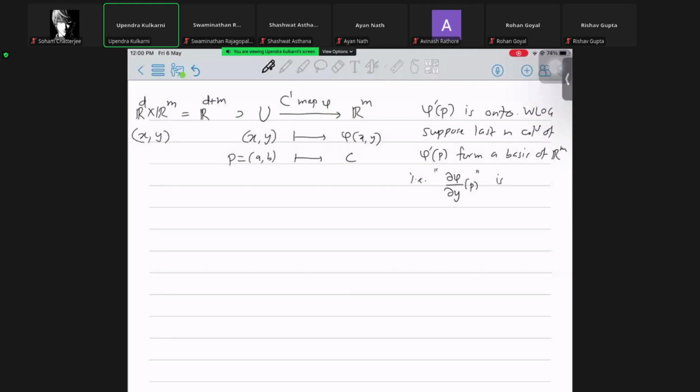So this is non-singular. And notice one thing, just like the inverse function theorem, this means that that matrix has a non-zero determinant. Okay, I should also start recording here.